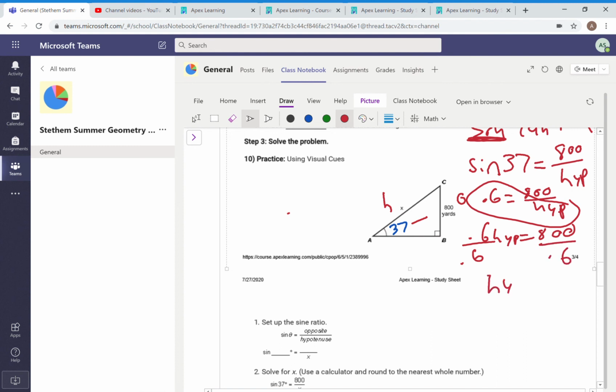So your hypotenuse will equal 800 divided by 0.6, which would give me 1,333. We'll talk about this more. Really focus on being able to set them up. So SOH CAH TOA.